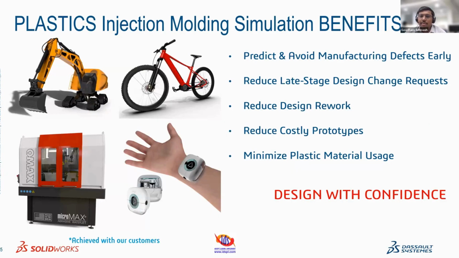If you find a defect later, it will be more expensive, which you can predict. You can explore any number of design ideas and come up with a lot of innovative thoughts if you have this kind of validation tool and validate your designs in the design stage. So rework will be avoided, and the cost of prototyping will be avoided. These are the key benefits people achieve by implementing SOLIDWORKS Plastics.